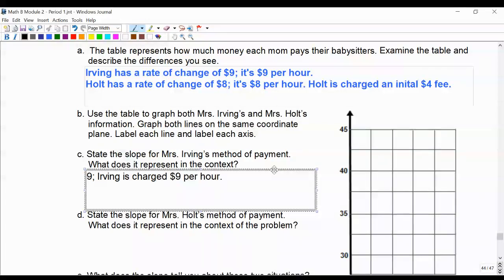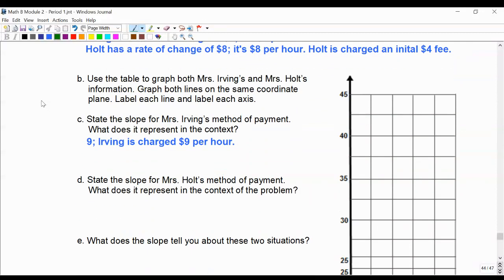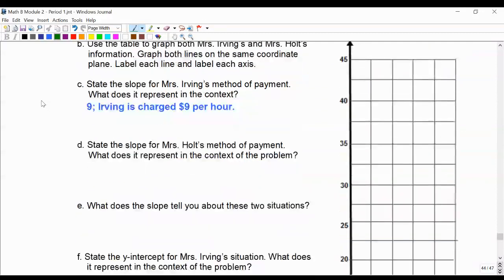So that's what it represents in the context. All right, Holt, we already said that, so I'll let you write that down. It's up at the top under A. We actually included it in one of the key differences we saw. In fact, it was one of the first things we found. We're always looking for stage 0 in the hoops.